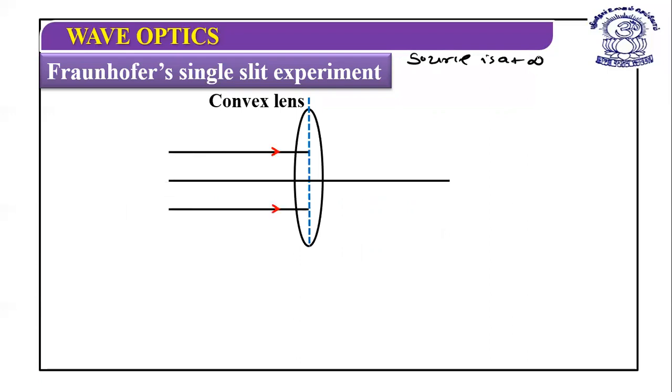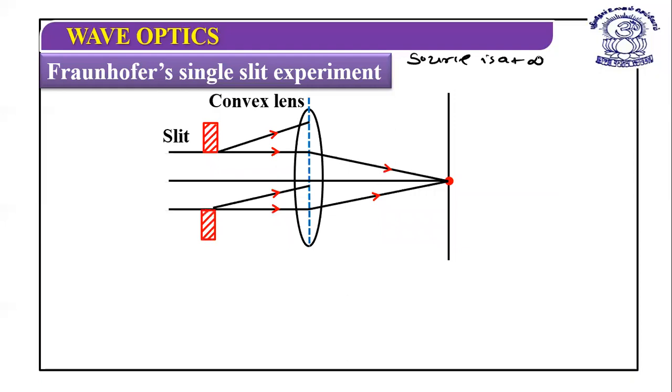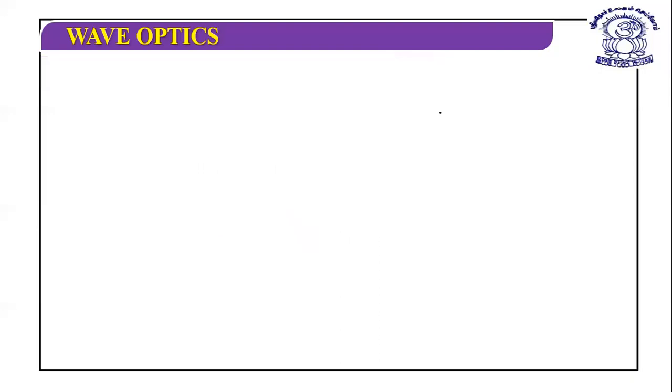To focus them, we are using a convex lens, so light is focused at a point. When light passes through the slit, from the corners of the slit, light will bend at an angle theta, and they will focus at another point on the screen.